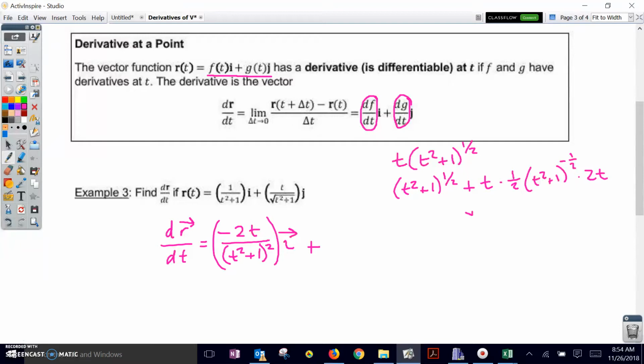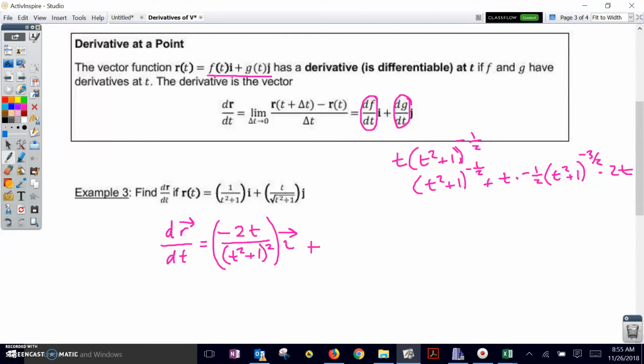So it ends up being square root of t squared plus 1 plus, oh crap, come on Thomas, I'm taking the derivative of the wrong thing. That's a (t squared plus 1) to the negative 1/2 initially. And so we've got (t squared plus 1) to the negative 1/2 plus t times negative 1/2 (t squared plus 1) to the negative 3/2 times 2t.